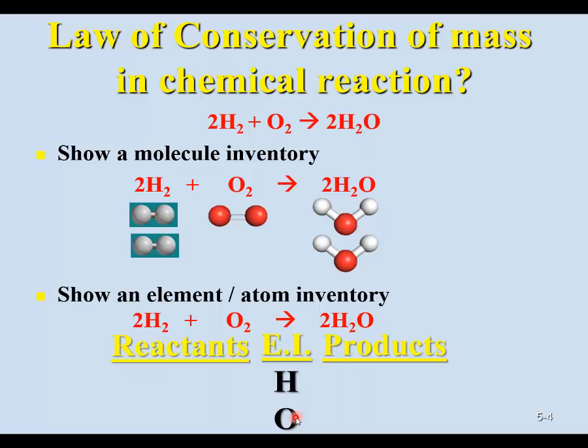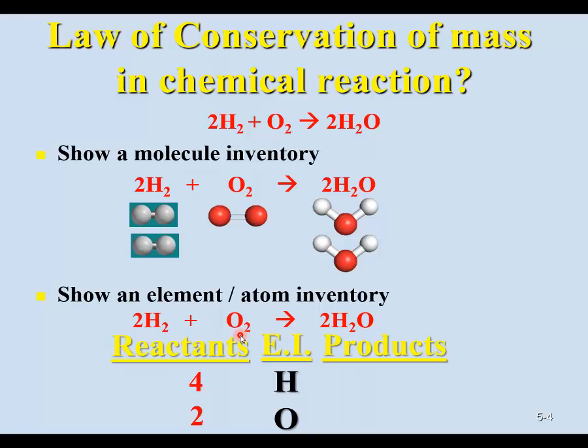Now, if I'm following the law of conservation of mass, the number of atoms I begin with should be equal to the number of atoms I end up with. So I can look at this and I can see that I have 4 hydrogen atoms present to begin with because I have 2 diatomic hydrogen molecules. If you're having a hard time visualizing this, we'll realize we had those 2 diatomic hydrogen molecules that we visualized in the molecular inventory. So I had 1, 2, 3, 4 hydrogen atoms.